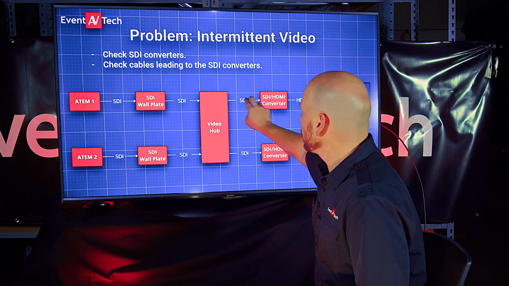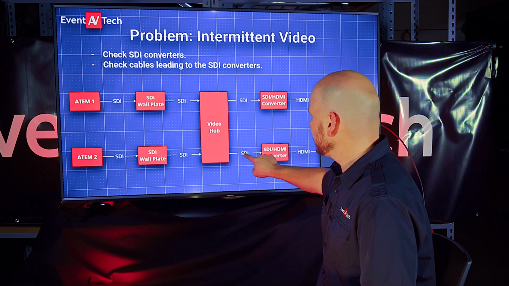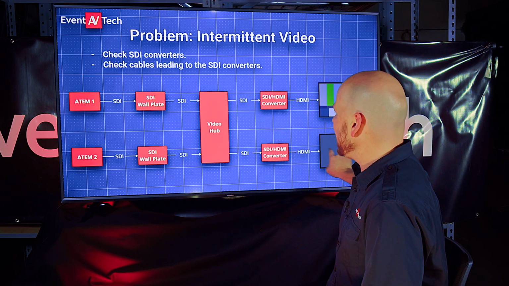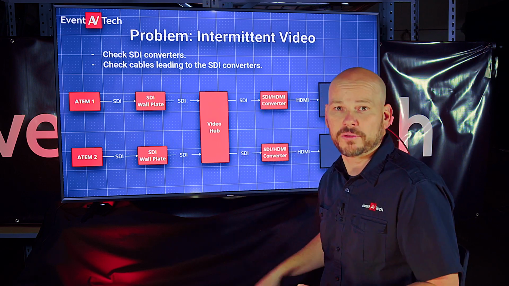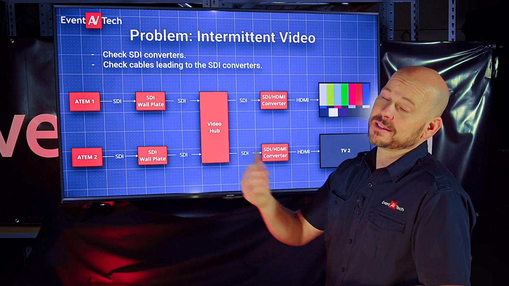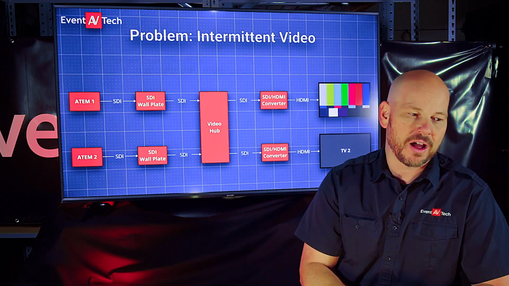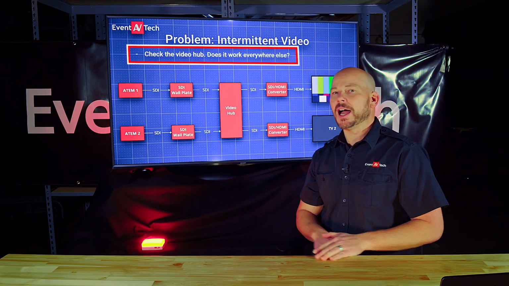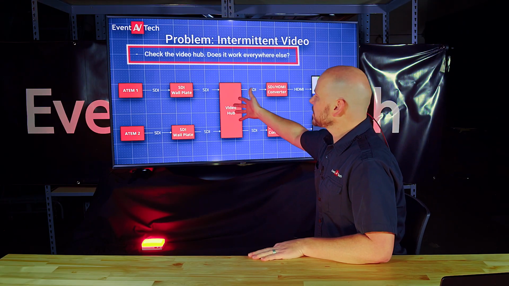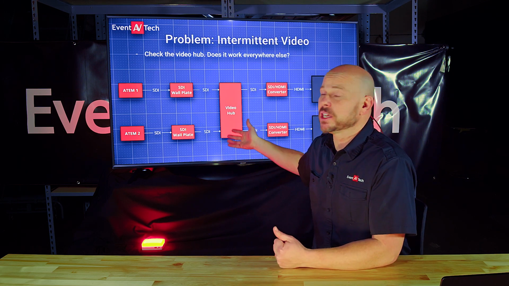Because now I'm ruling out this line, and I know that this line's good because TV2 has no problems. So I plug it into my converter and see if that solves the problem. And if that doesn't solve the problem, I put it back and now I keep moving down the signal chain, all right?